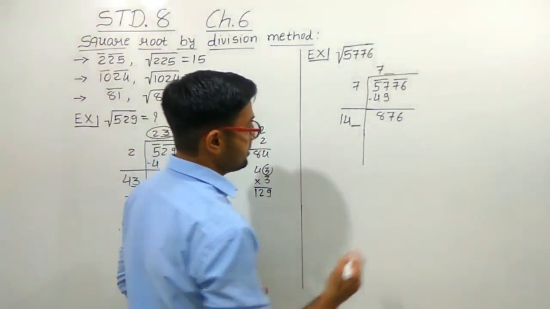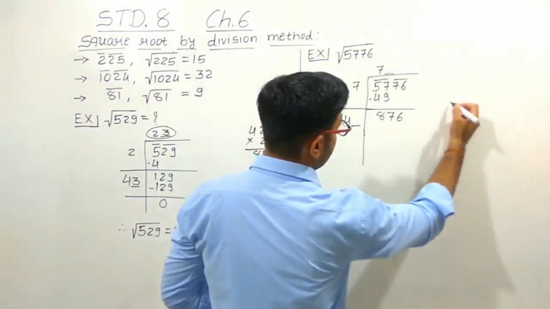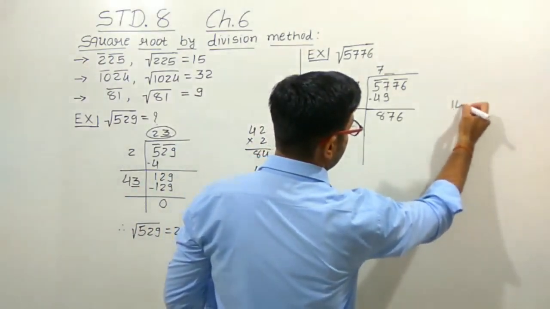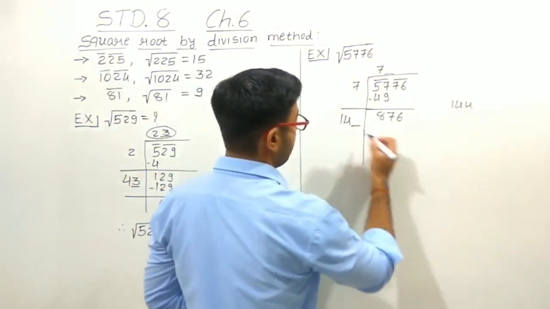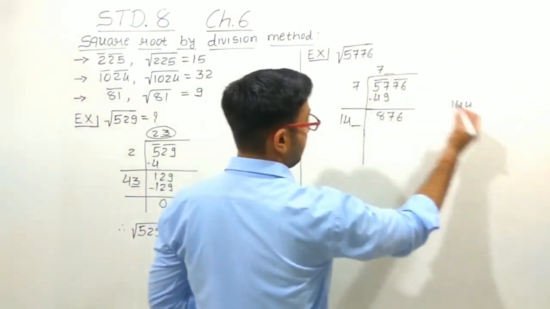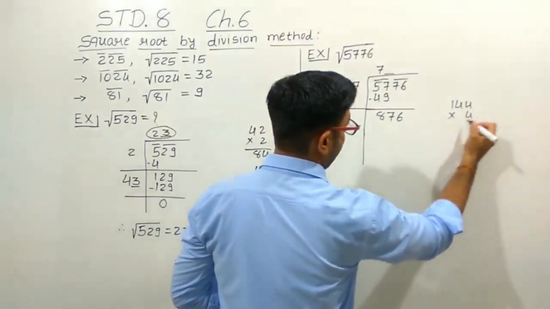Okay. So now let us multiply. Let us take the digit 4. Right? So we have 144, so here we also have to put the 4.